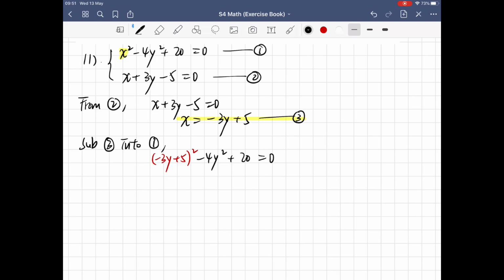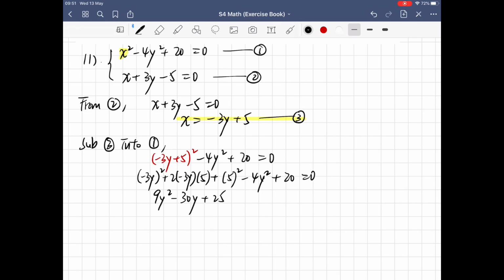Then we have to do the expansion, so please don't forget the formula, which is a squared plus 2ab plus b squared, and we have 9y squared minus 30y plus 25 minus 4y squared plus 20 equals 0.